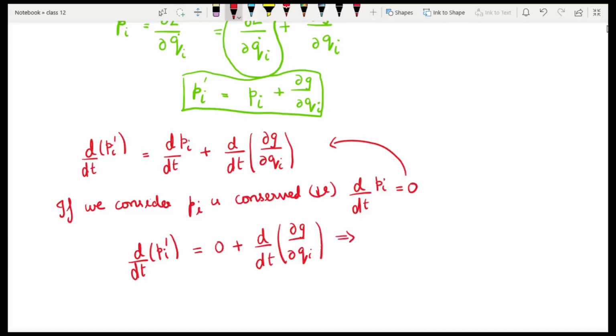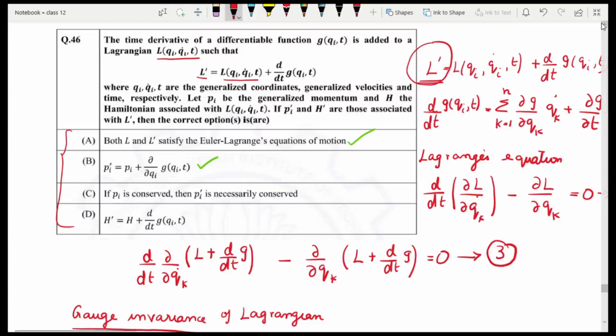This implies d by dt of pi prime is not equal to 0. That is, if pi is conserved, it is not necessary that pi prime must also be conserved. Now, option C is an incorrect one. That is, if pi is conserved, then pi prime is necessarily conserved. No, it is not necessarily conserved. So this is an incorrect option.